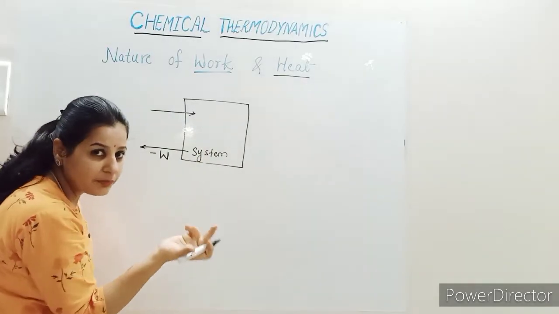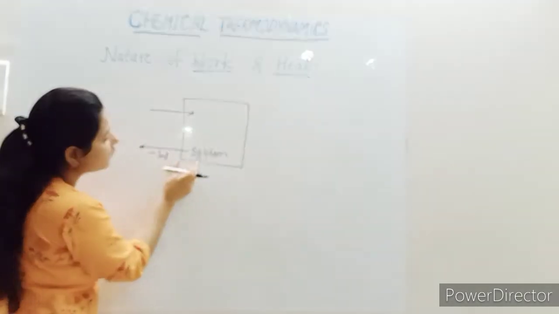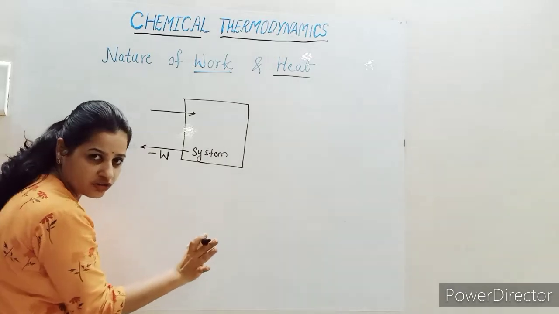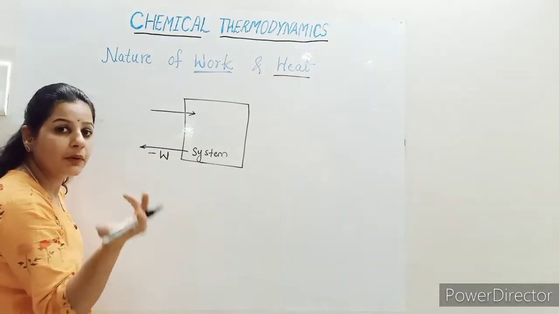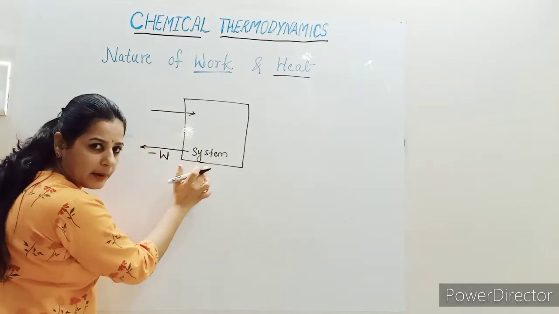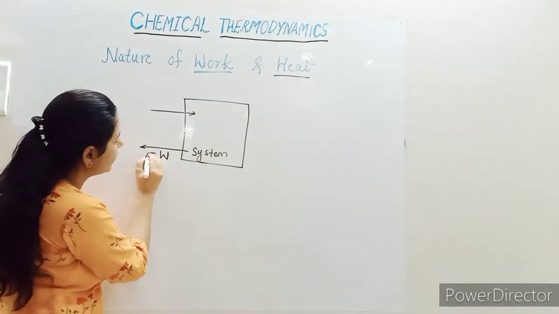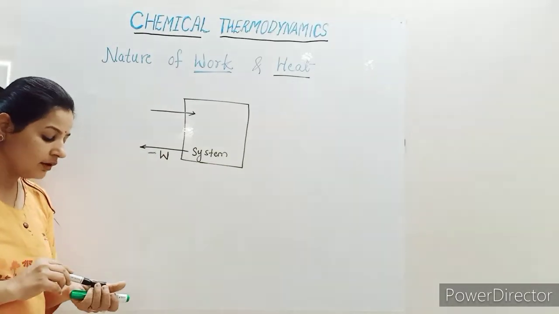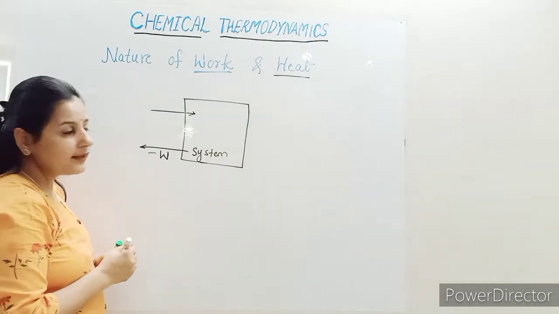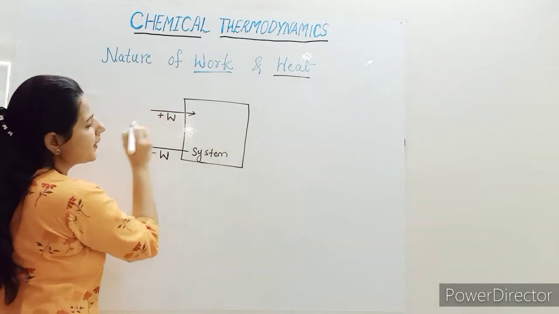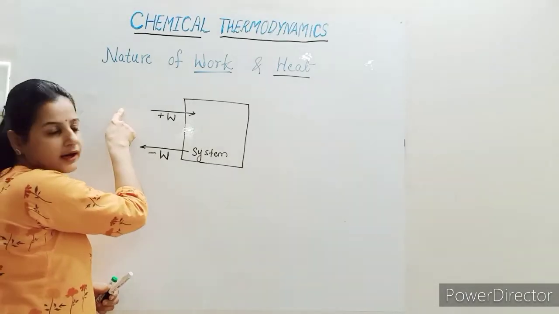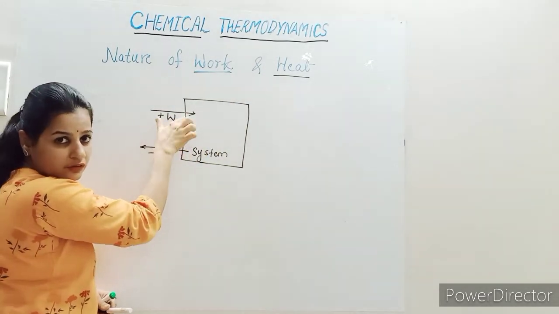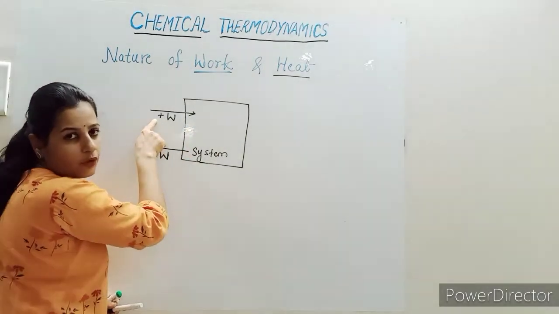Then mumma's energy will increase. Every time mumma's energy is used, therefore whenever the work is done by the system, remember that if mumma is negative, it means mumma's energy is gone; if positive, it means mumma's energy has come, and mumma means system. So if the system does work, energy will be lost, and in that case the sign will be minus. And whenever the work is done by the surrounding over the system, then the work done will be plus W. Means one day if the surrounding cooked and fed mumma, then mumma's energy increased, means positive energy.